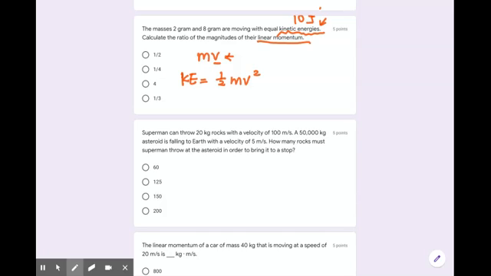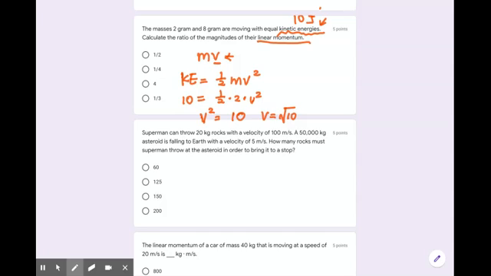So if your kinetic energy is 10, for the object which is 2 gram, half times 2 times v squared, you get v squared equal 10, v equal square root of 10.